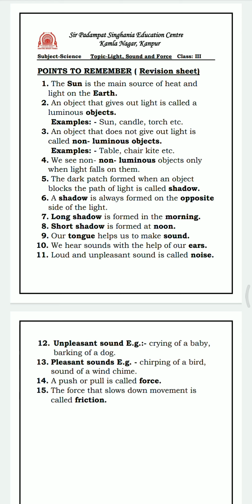So children, shadows are formed when an object blocks the path of light from luminous objects like the sun, bulb or candle, okay. And children, sometimes you can see these shadows are smaller and sometimes they are bigger than their actual size, okay.